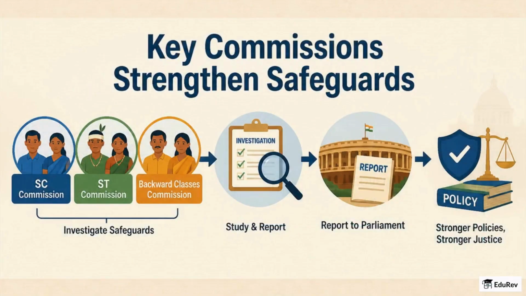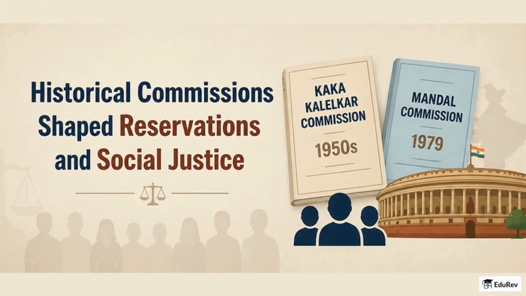Key commissions matter a lot. National commissions for SCs, STs, and backward classes investigate safeguards and report to Parliament, giving policy teeth to directive principles. Historically, commissions like the Kaka-Kalelkar Commission in the 1950s and the Mandal Commission in 1979 played crucial roles in shaping reservations and the debate around social justice.